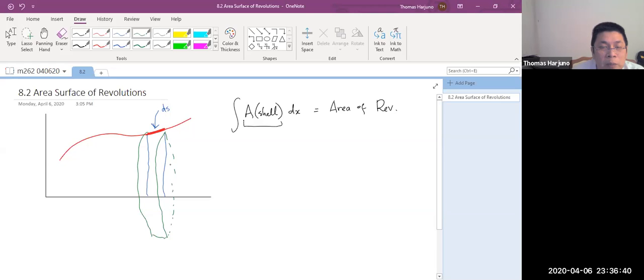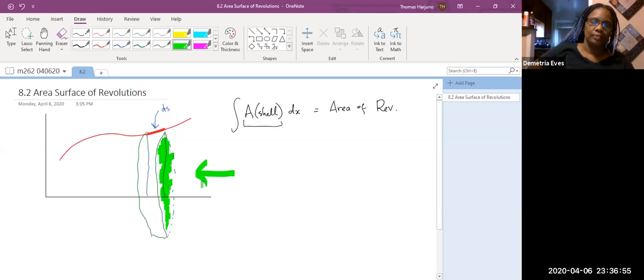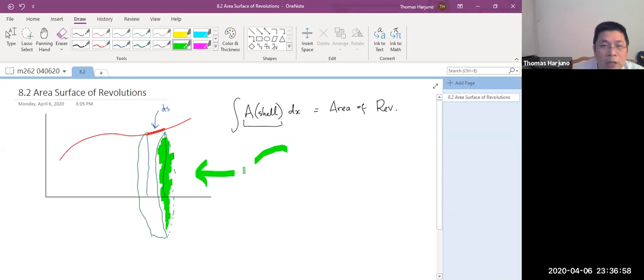So basically the area will be the circumference of this circle here. If we see this from sideways, you see that this is like a circle.